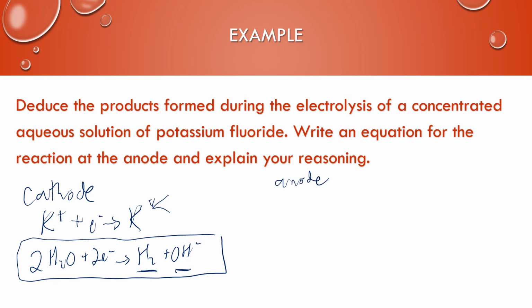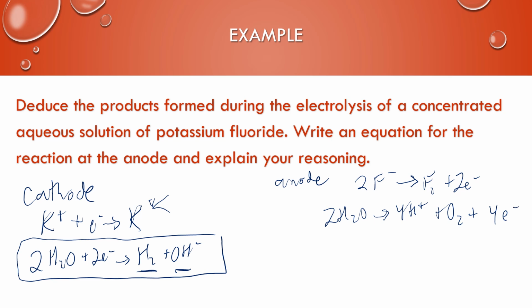Now, at our anode, again, we have 2 options. We have the fluoride ions forming fluorine gas, and water forming hydrogen ions and oxygen gas, like this. Again, we need to think about reactivity. The fluorine gas is very reactive, and fluorine is extremely electronegative.